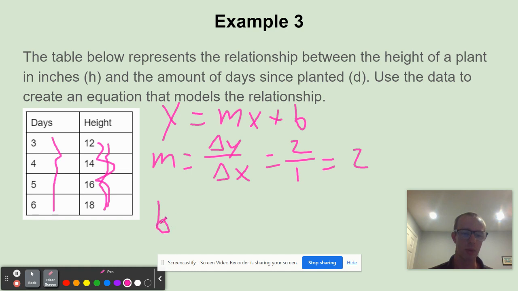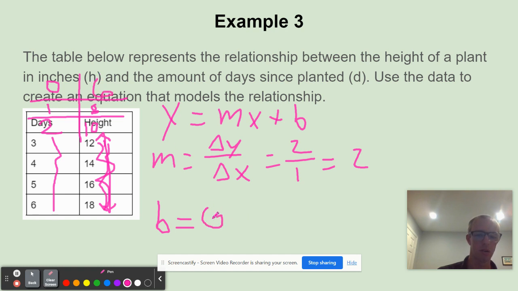Now I need to find b. Gonna need to extend this table upwards. So I have a 2 here, 1, a 0. Counting this way, we're going up by 2, so this way we have to go back by 2. 10, 8, 6. B is equal to 6.